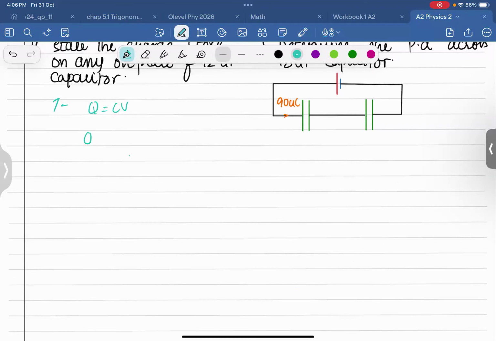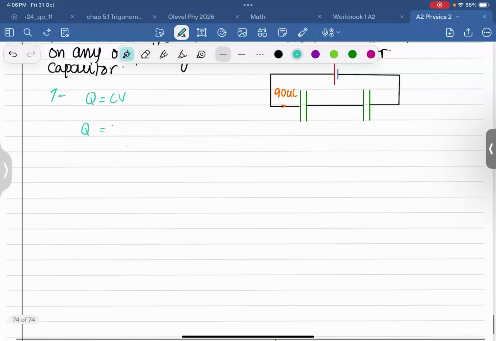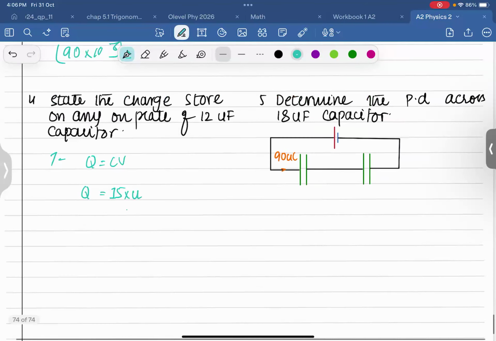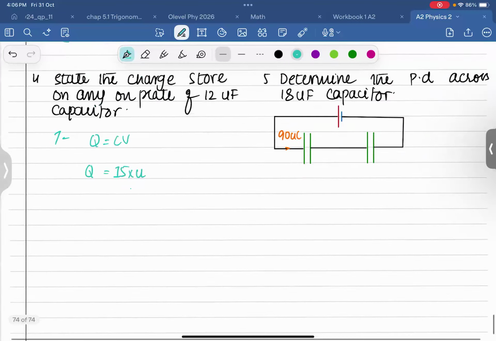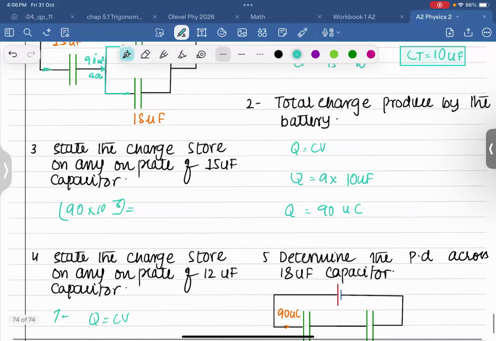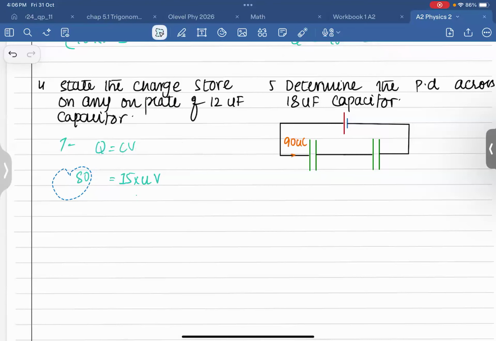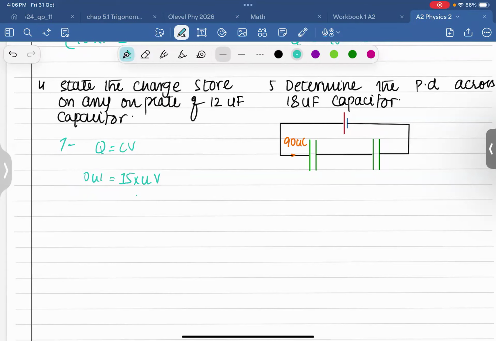So we have to find the voltage. The charge should be 90 microcoulomb, not 80.